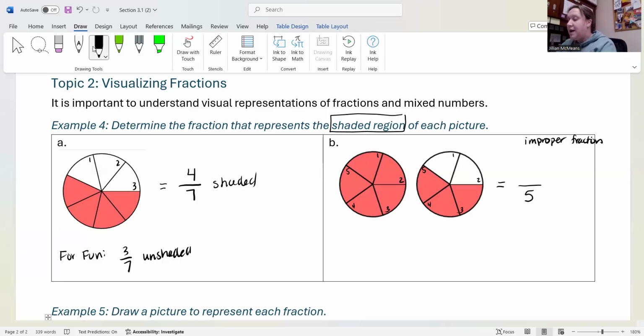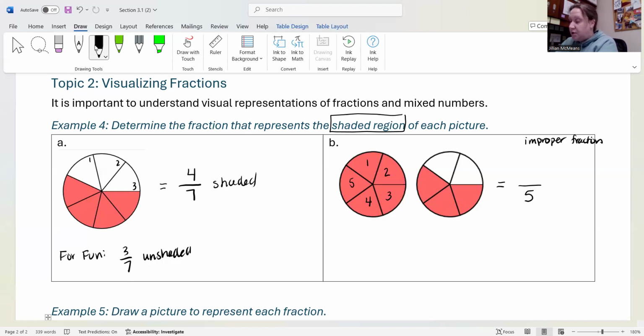Okay, so now let's count how many of these images. So looking at these 2 images, how many of these little triangular pieces are shaded? So let me do a little erasing really quick so we don't get confused with our numbers. Okay. Now looking at just the shaded ones, so the ones that are the orange-red color, we have 1, 2, 3, 4, 5. That represents one whole, 5 out of 5.